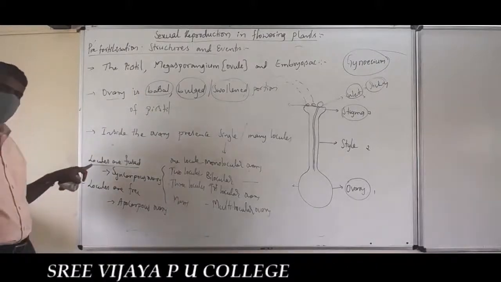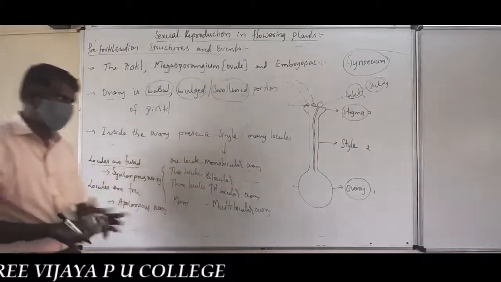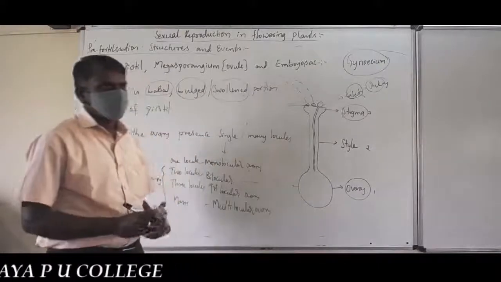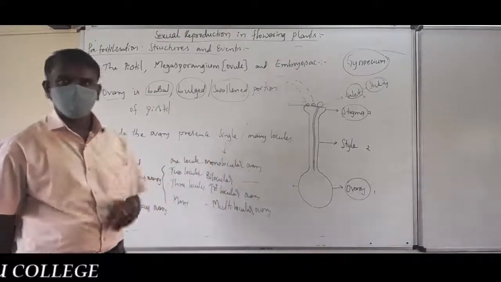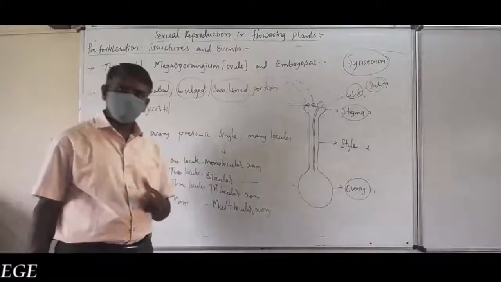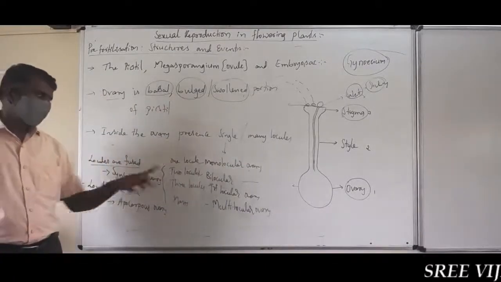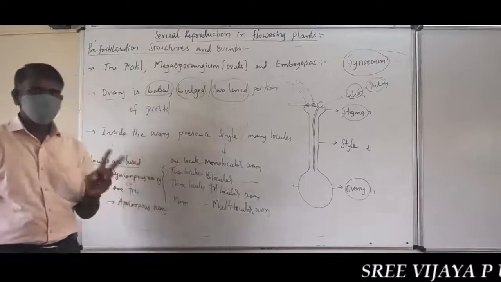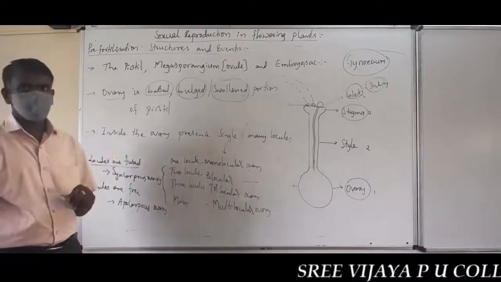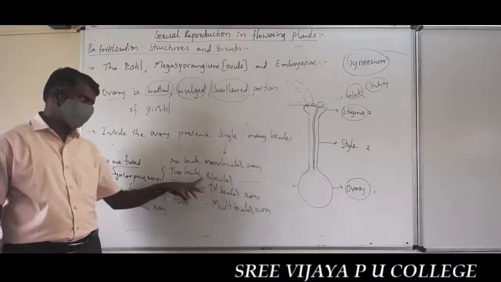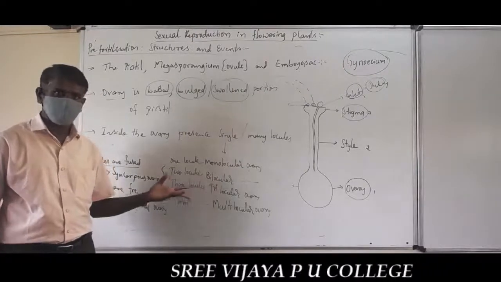So each ovary consists of either a single locule, which is called a monolocular ovary, or 2, 3, 4, 5 locules, which we name bilocular, trilocular, tetralocular, pentalocular.